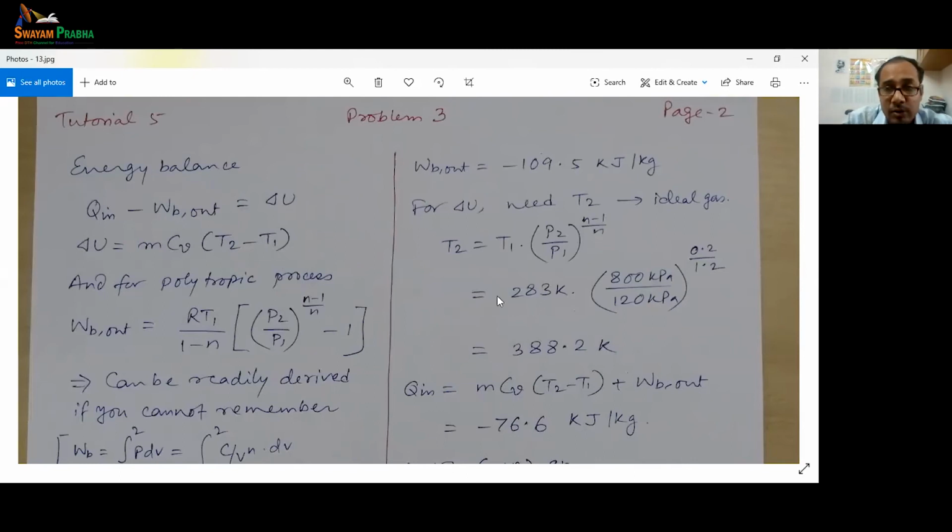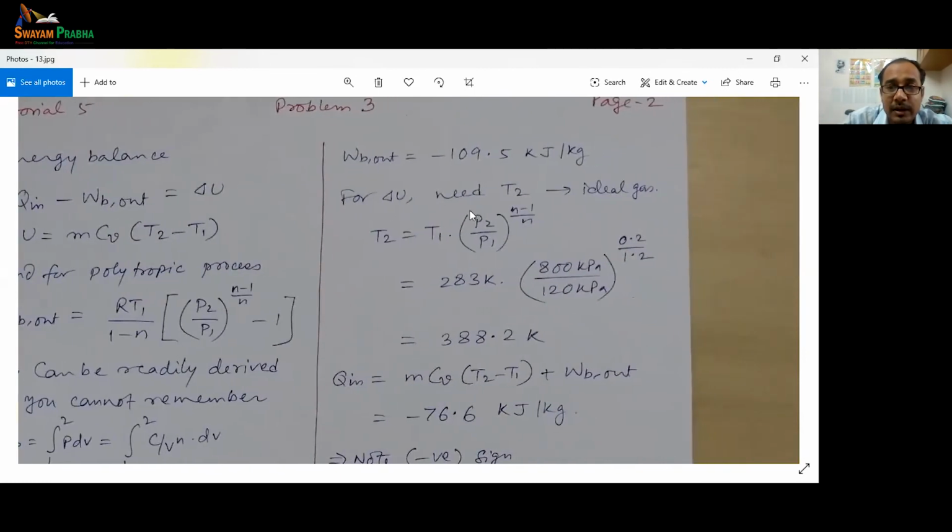How can we find T2? We can find that by using the ideal gas law and the polytropic process relation. Again, in 5 seconds you can derive this from PV to the power n equal to constant and PV equal to nRT.